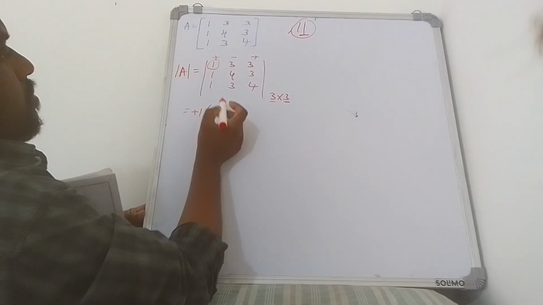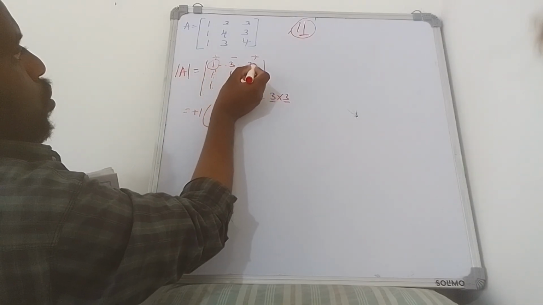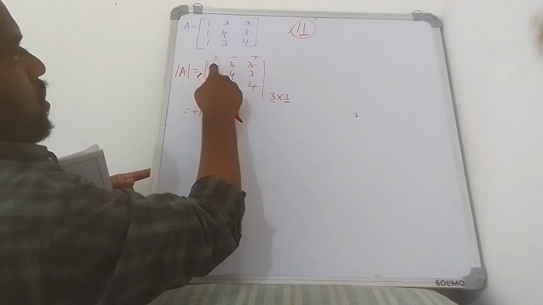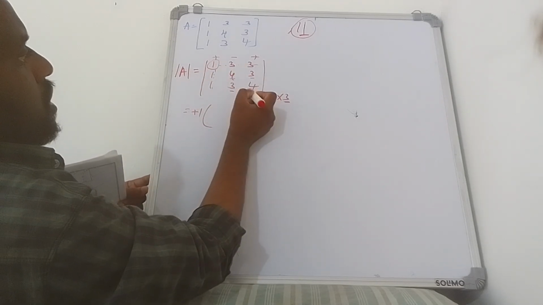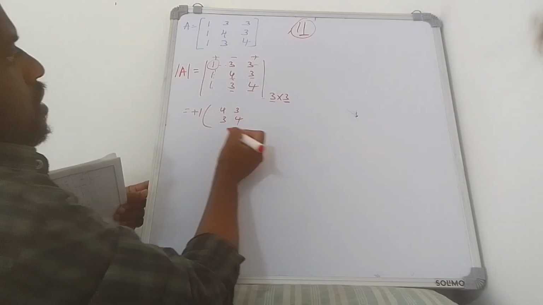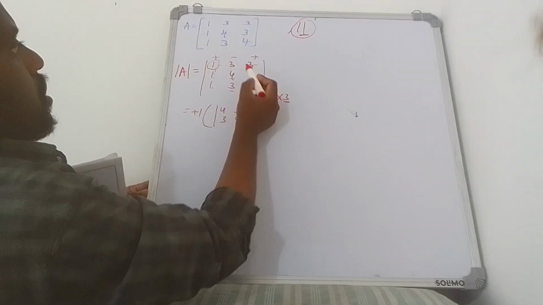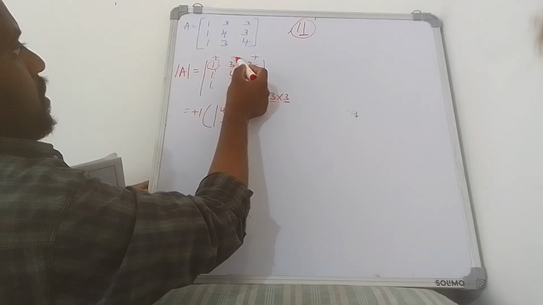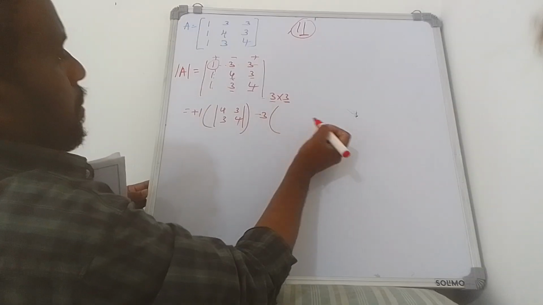Now this 1 is present in this row and this column. Assume this row and this column are not there. So which are left? 4 3 3 4. Take the determinant for this. Now close the bracket. Now take this 3 along with this sign minus. So minus 3, I will take. Open the bracket.